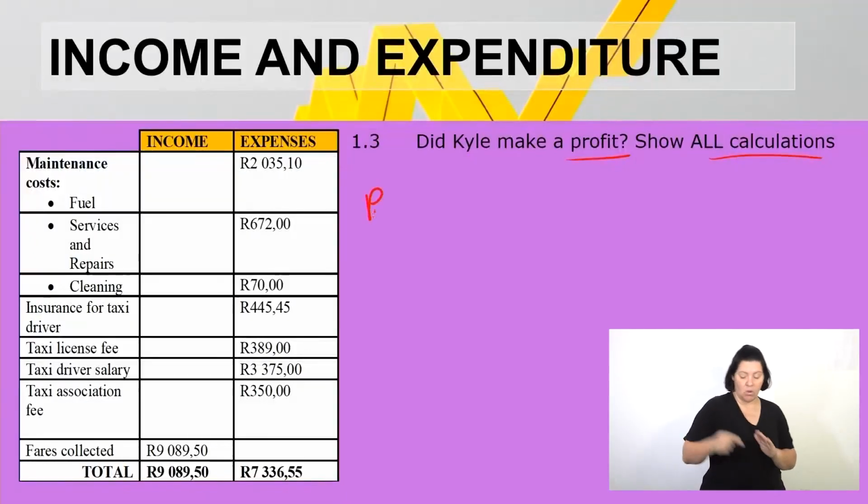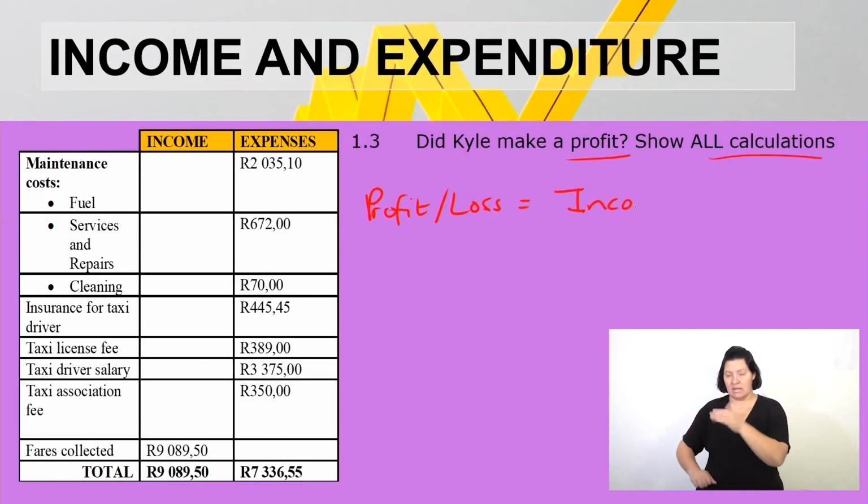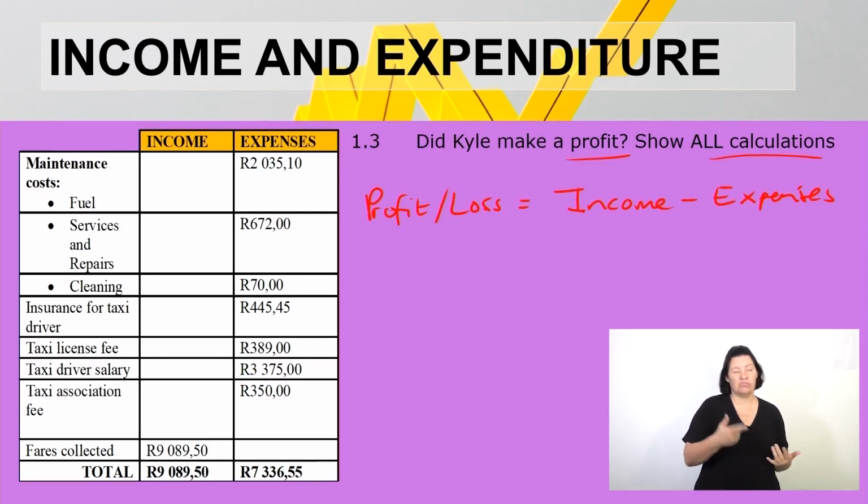Step number 1, we start with our formula. Now in order to see whether it's a profit or a loss, how do we calculate that again? We say income minus your expenditure or your expenses. Now, in this case, it's already listed, already calculated for us. So now we just need to substitute, right?